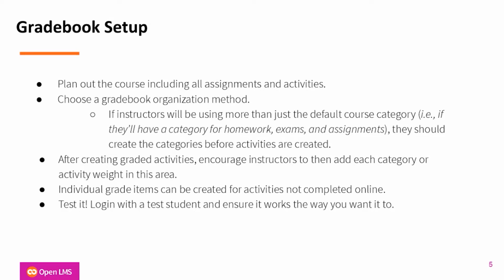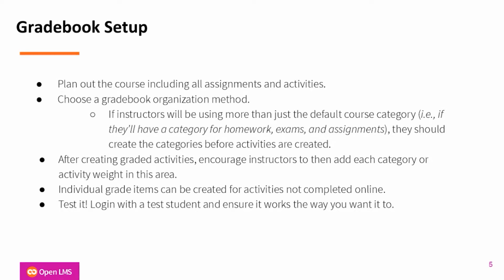There is a default course category that is always created for every course. For example, if there was a course named ABC 123, as you are probably all aware, an ABC 123 category gets created.